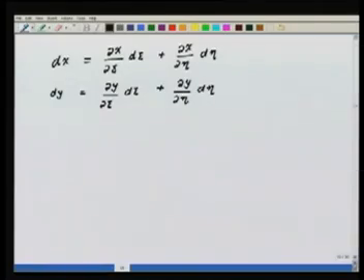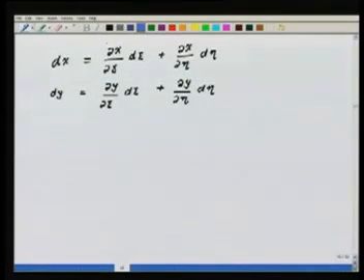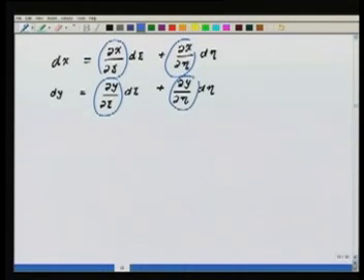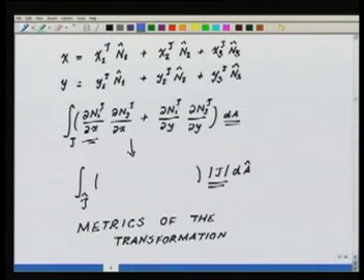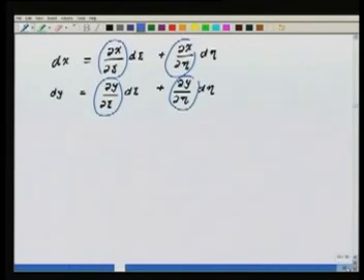This is because x and y are functions of psi eta. So change in x is given in terms of change in psi eta. Now we have to obtain these quantities. Where are these quantities going to come from? These are going to come from the definitions of x and y that we have given in terms of the three nodal x and y's in the physical element and the definition of the shape functions in the master element.